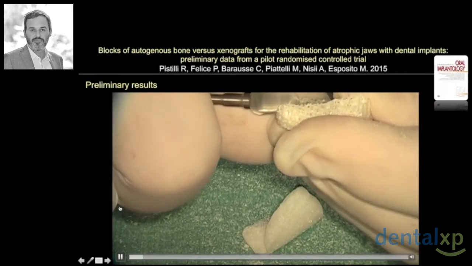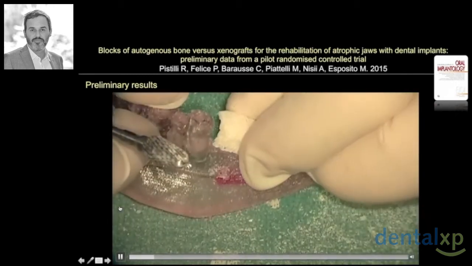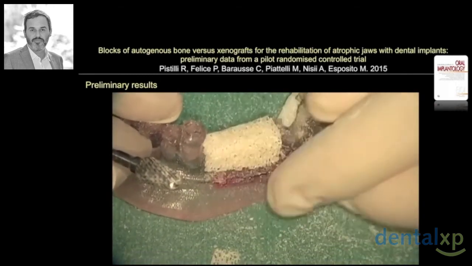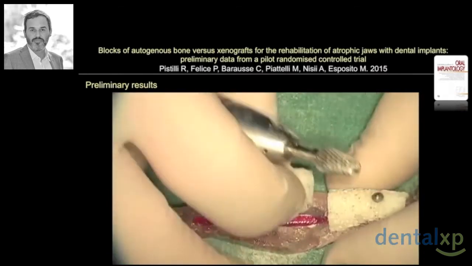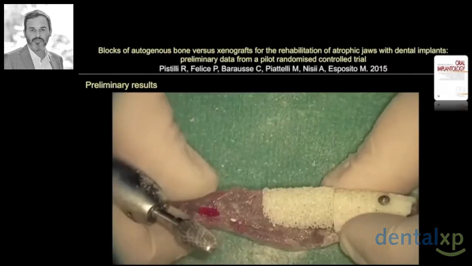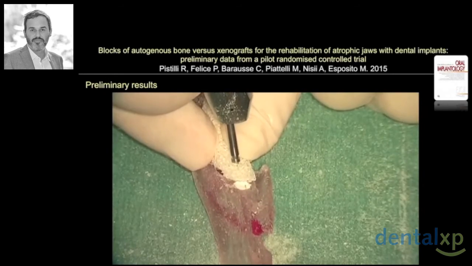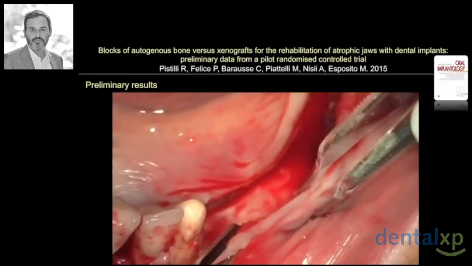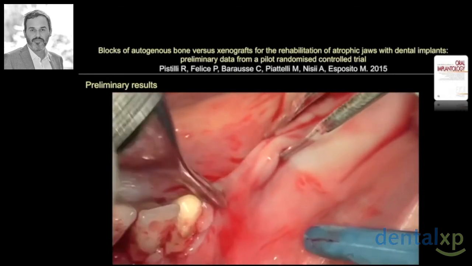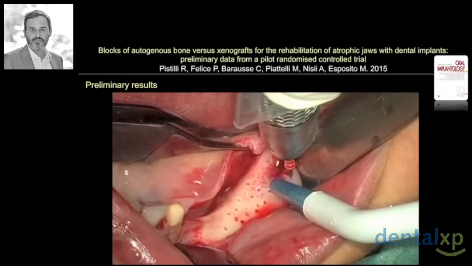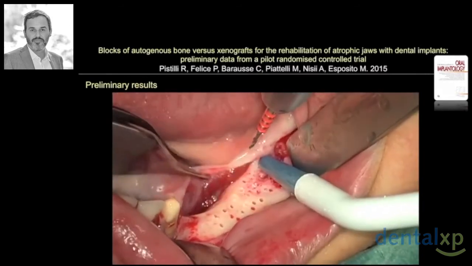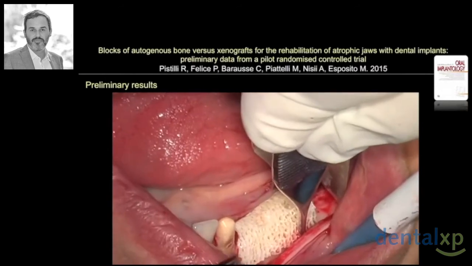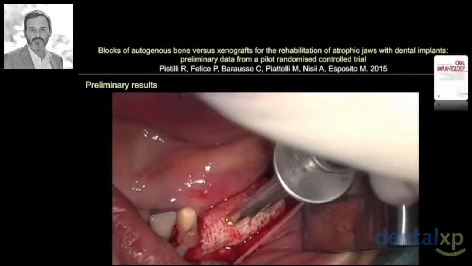If you look at this video, this case is very difficult, with very severe atrophy in the posterior mandible. In this case, I prepared the block before the surgery. I prepared the mucosa before the surgery and prepared the site. And then I fixed everything.